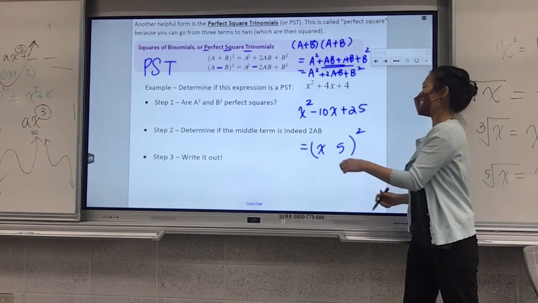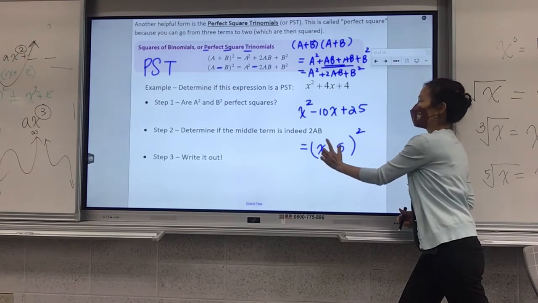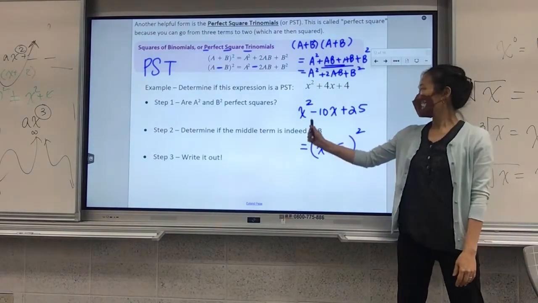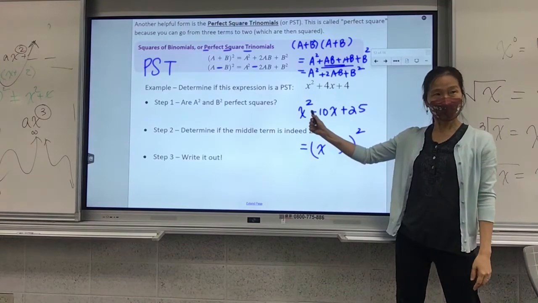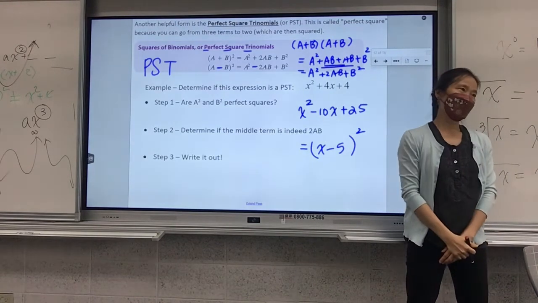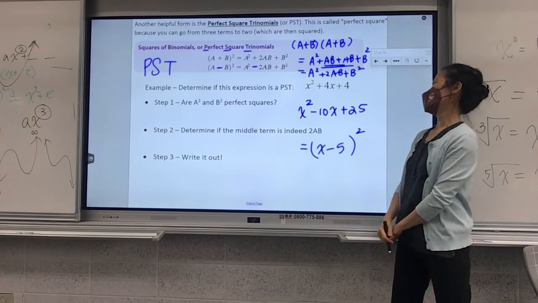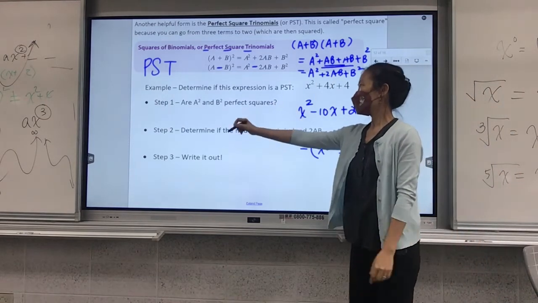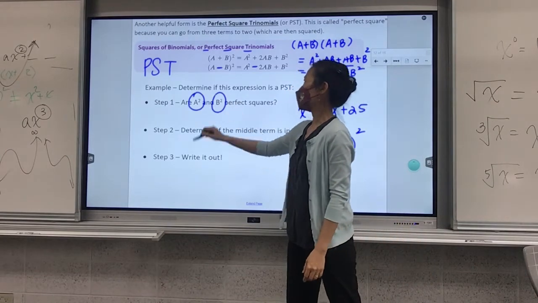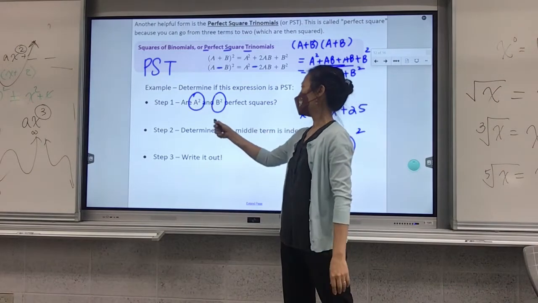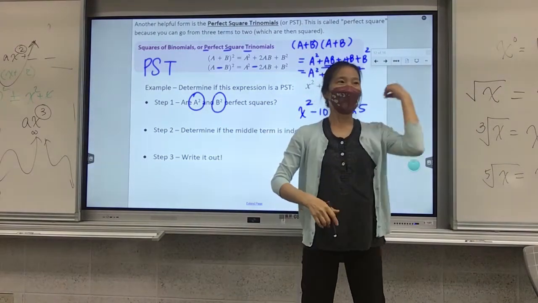The middle one has to be 2ab. 2ab is 2 times 5 times x, that's 10x. Since this is minus, it's also minus. So first, examine the first and last term. Are they perfect squares? Second, once you find the base a and b, multiply and times 2.